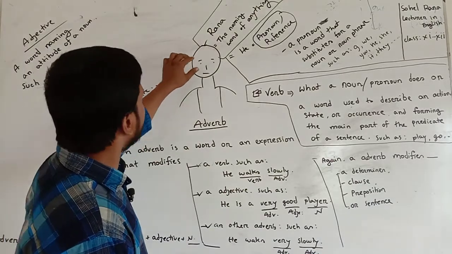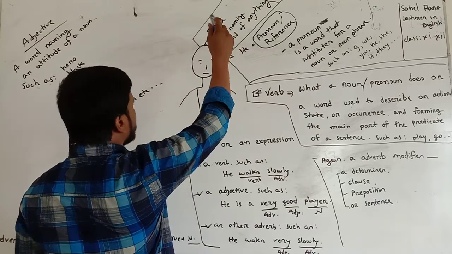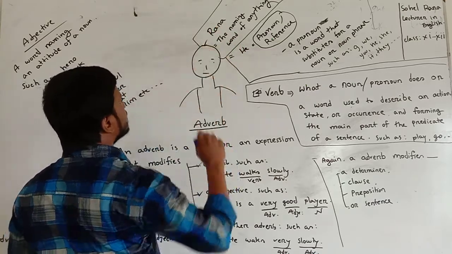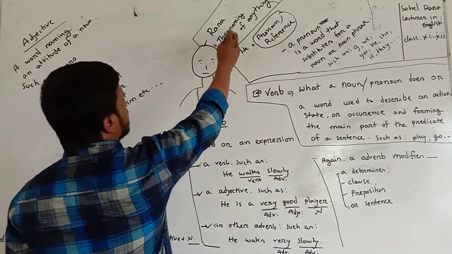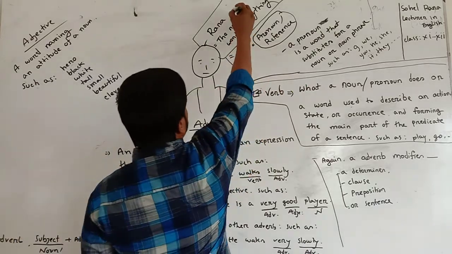For example, I wrote here the boy's name. The name of the boy is Rana. So I mean here that the naming word of anything is called noun.